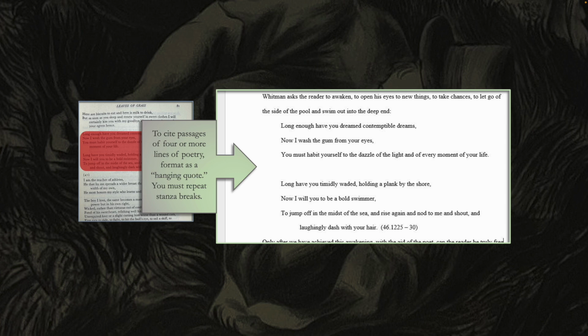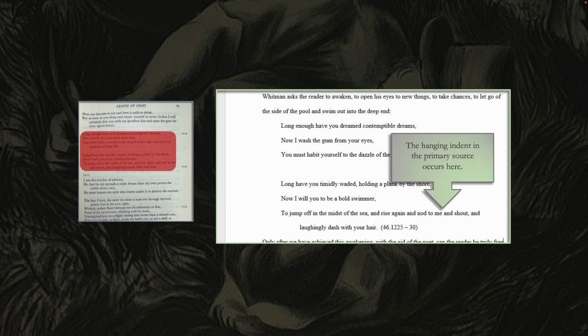Another important thing to point out about this is that I changed the hanging indent. So if you look at line 1230 on the left, you'll see that the right margin ends with the word me. So to jump off in the midst of the sea and rise again and nod to me, and then the next line starts, and shout. Well, in my document, my right margin extends further than it does on the page in my source, so I can actually extend that line out a little further.